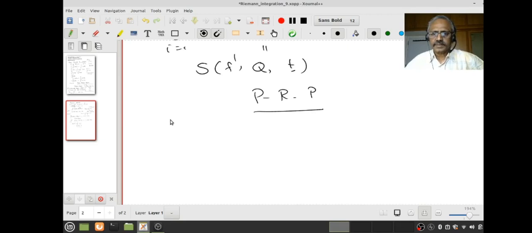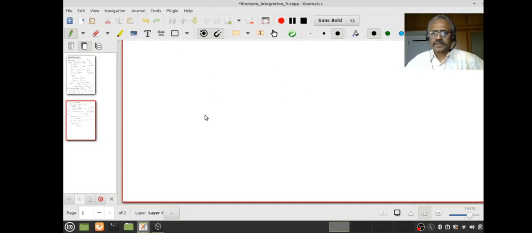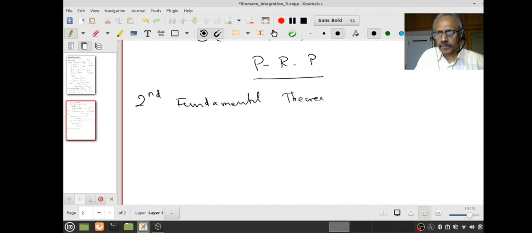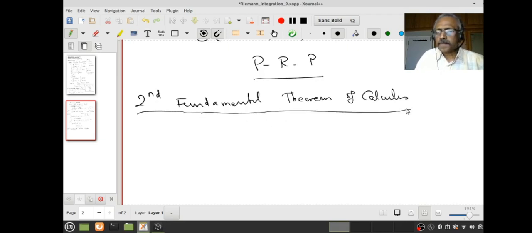Okay, right. Now there is also another theorem known as the second fundamental theorem of calculus. What does it say? It says the following.